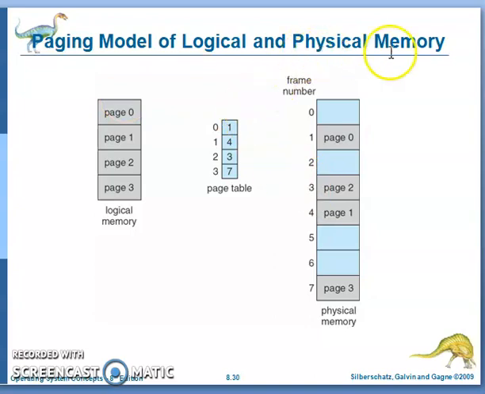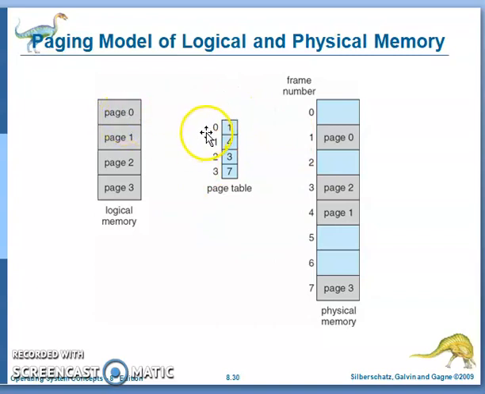Paging model of logical and physical memory. Logical memory, the program, can be divided into 4 pages: page 0, page 1, page 2, page 3. Physical memory can be divided into 8 frames: frame 0, frame 1, up to frame 7, total 8 frames. This is the page map table.